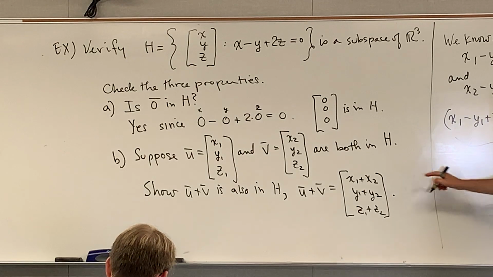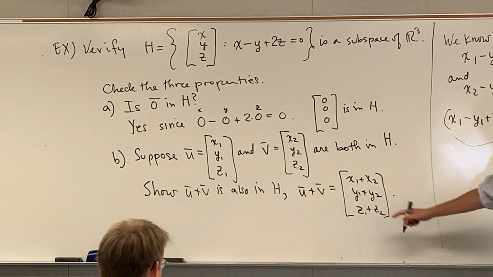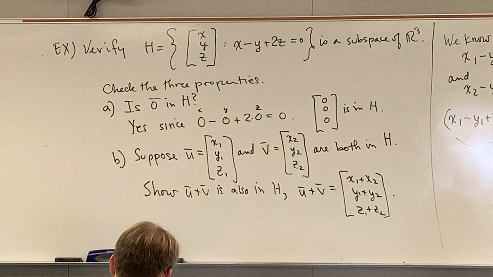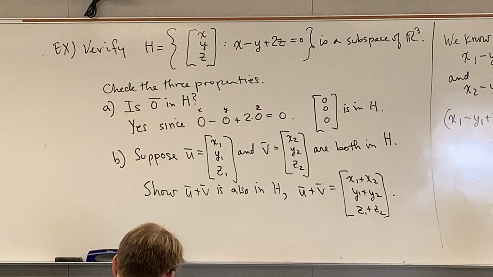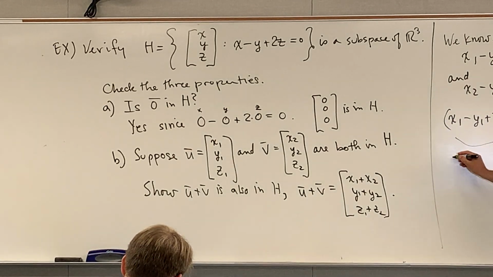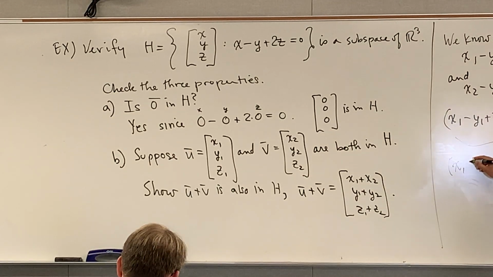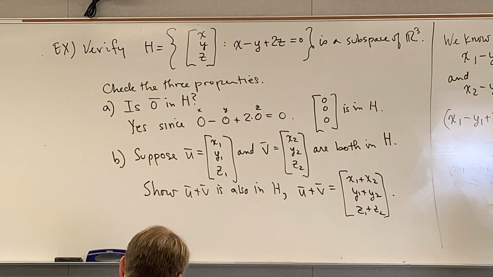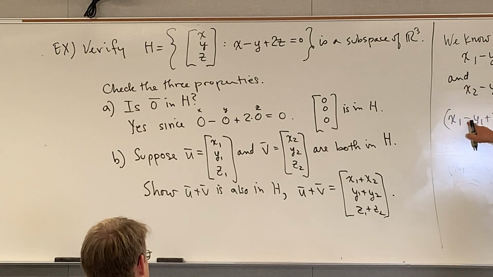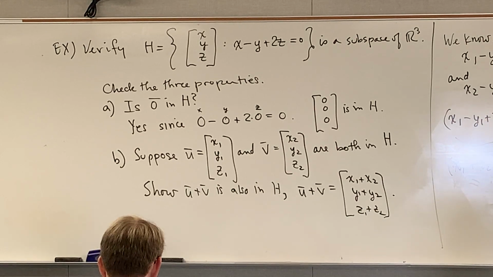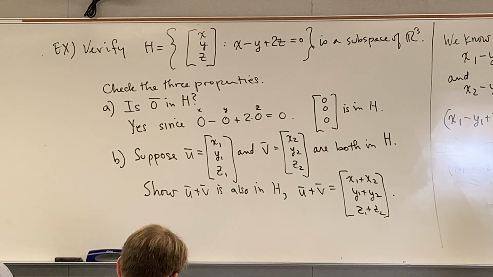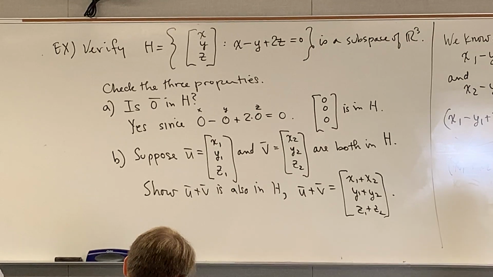I'm going to regroup to make these sums appear. When I add those two left-hand sides together and say they're equal to 0, let's regroup to show that we have x1 plus x2, minus (y1 plus y2), plus 2 times (z1 plus z2), equals 0.